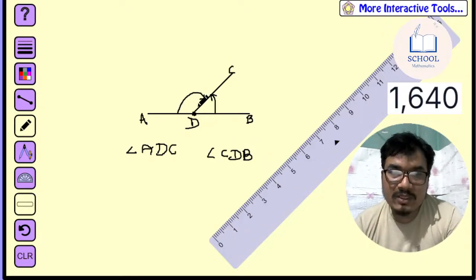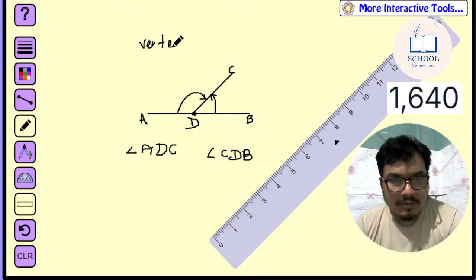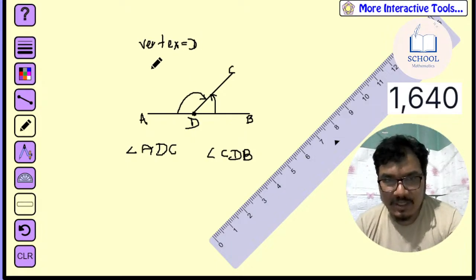Okay, we have, look here, vertex is D for this angle, and there are two arms AD and CD. One arm is given there AD, another arm is given there CD. Okay, now let's go for this angle CDB.